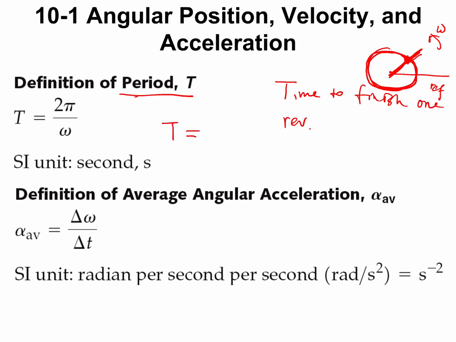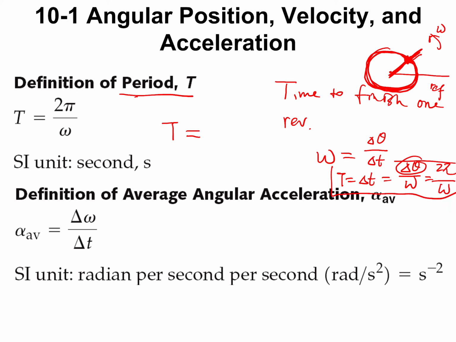So period is time, based on omega equal to delta theta over delta t, right? And now what is delta t? Period is delta t, so delta t equals delta theta over omega. What is delta theta? You start from here and you finish one complete circle, so the angular displacement here is 2 pi. So the period equals 2 pi over omega.